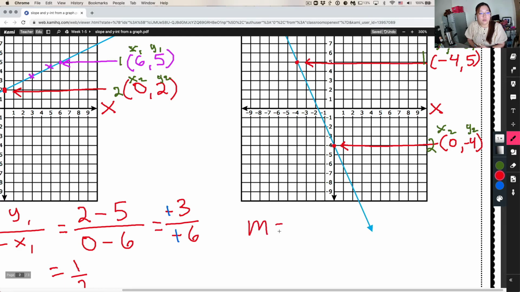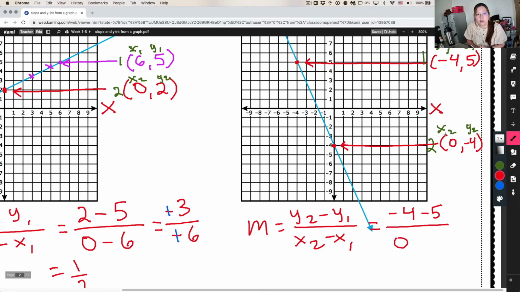M equals y2 minus y1 divided by x2 minus x1. y2 is -4. y1 is 5, so -4 minus 5. x2 is 0. x1 is -4. Okay? -4 minus 5 is -9.